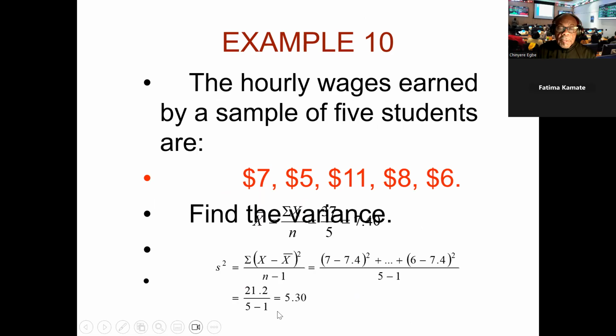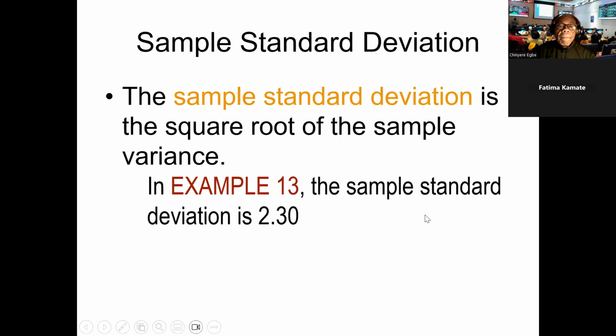You take each value, subtract it from the mean, and then square it, and you keep going until the end, and then you sum it and divide by sample size minus 1. I'm going to illustrate that. And so the sample standard deviation is the square root of the sample variance.